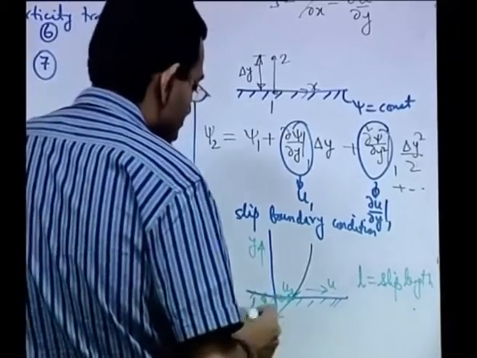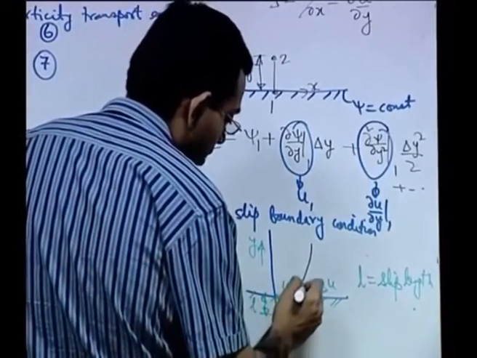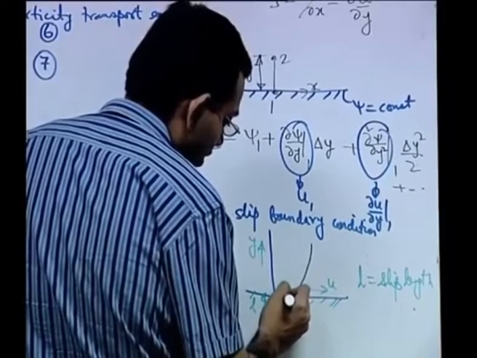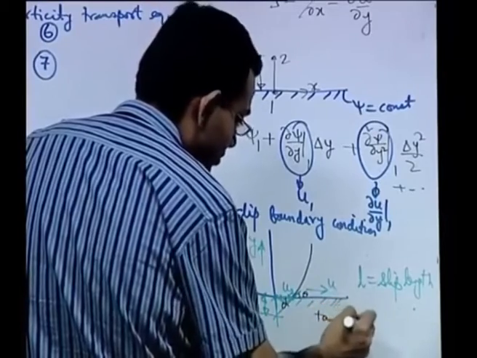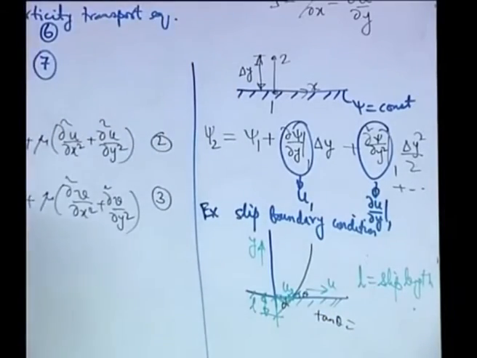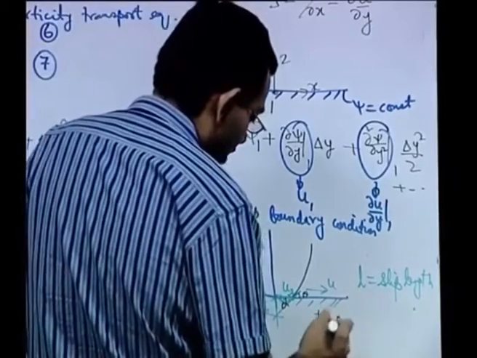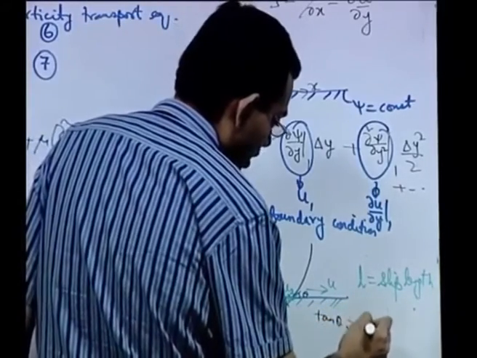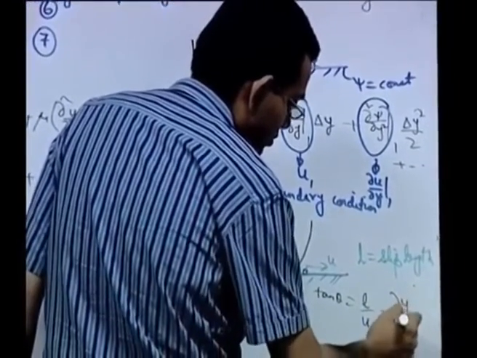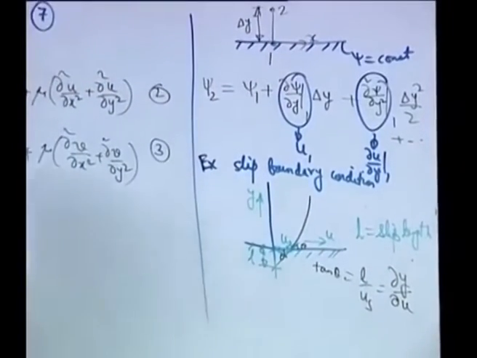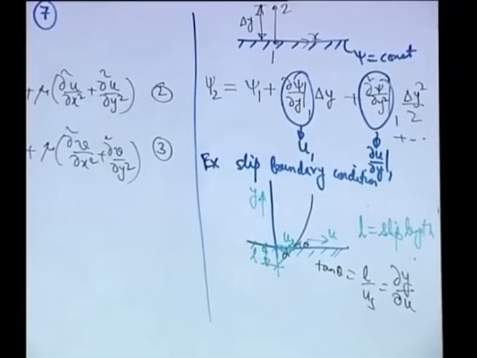So, from simple trigonometry we can say that if this angle is theta, this angle is also theta. What is this tan theta? Tan theta is equal to L by us, and that is equal to, or if you just write u as a function of y only, it is du dy, du dy at the wall.